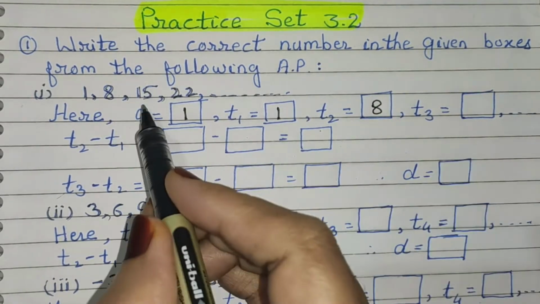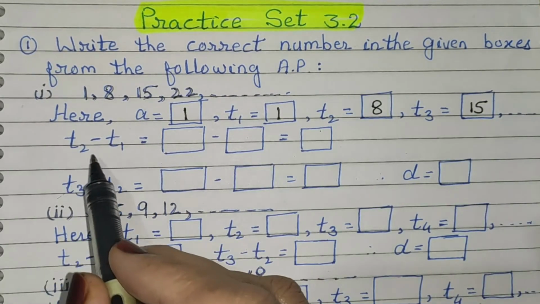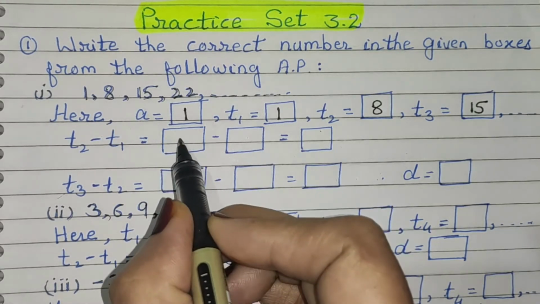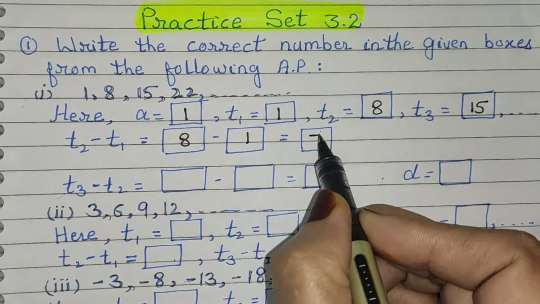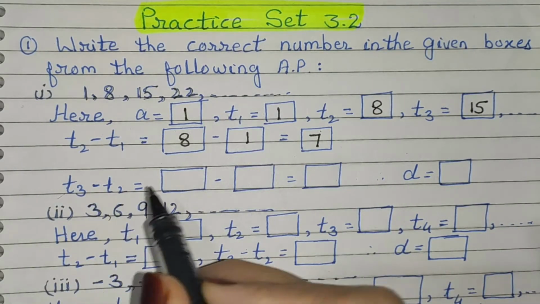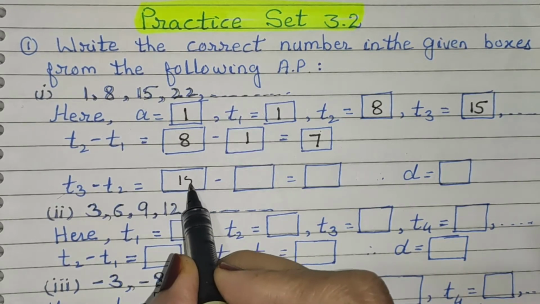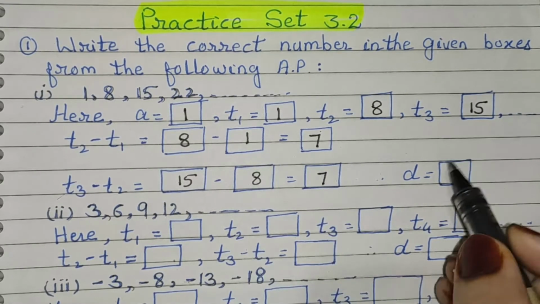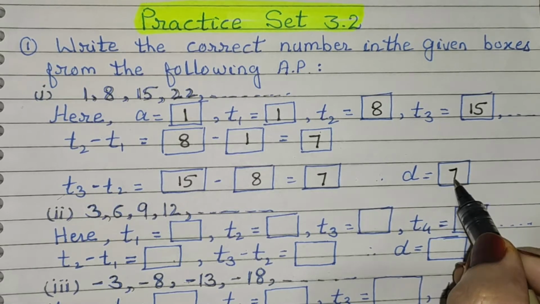T3 is the third term, 15. Now T2 minus T1: 8 minus 1, we get 7. Now T3 minus T2: 15 minus 8, we get 7. Therefore the common difference d is equal to 7.